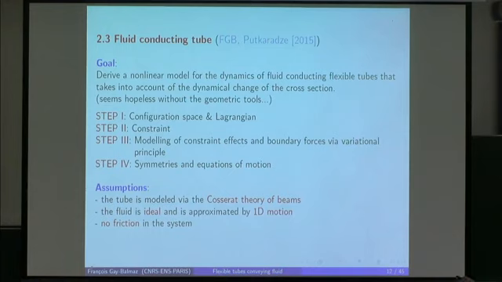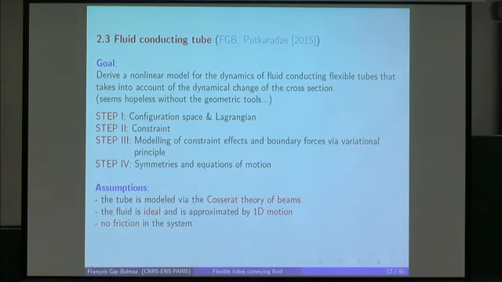So as I said, we want to include the motion of fluid inside to model the fluid-conveying tube, and we will proceed with several steps to achieve this goal. First, we understand that's not easy, as you will see, how to describe a moving fluid in a moving tube properly in geometric terms, how to include the constraint, the effect of the boundary force, and finally to derive the equations.